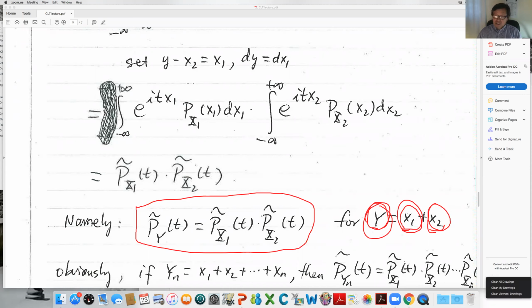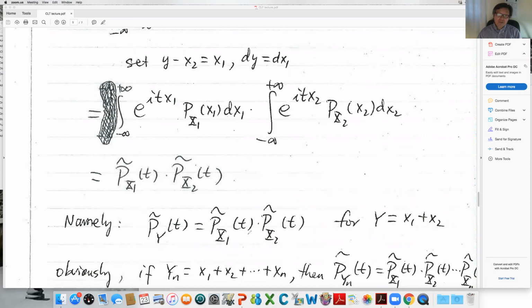in the reciprocal space, okay, they are a simple product. So this is a very, very powerful statement. It's independent of what the underlying physical quantities are.